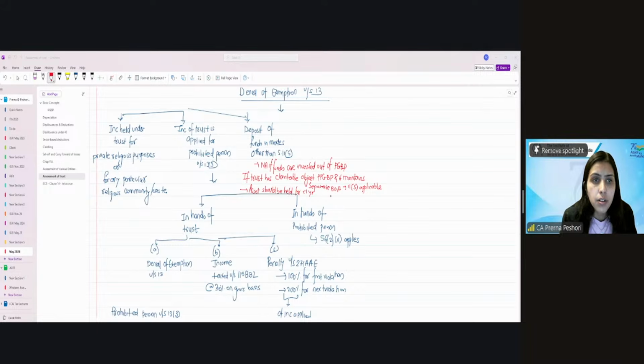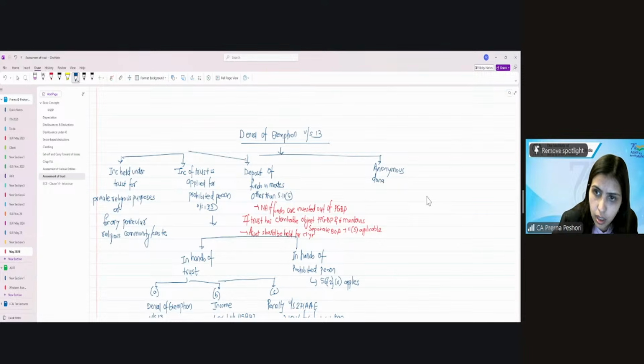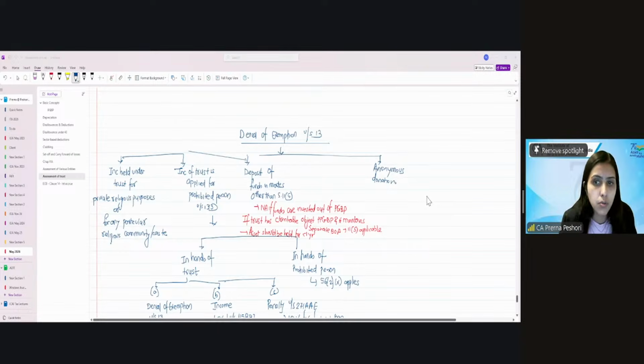Yes or no? Then if the anonymous donations are received, right, that will also result in the denial of the exemption. So anonymous donation results in the denial of the exemption with respect to that anonymous donation, right?